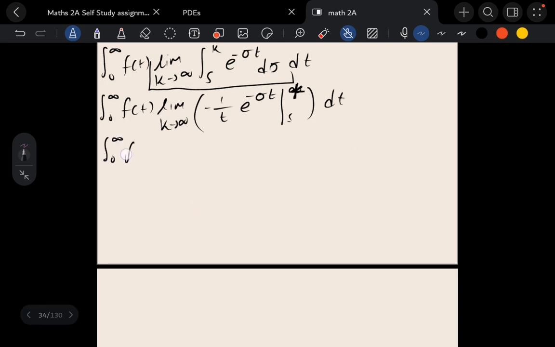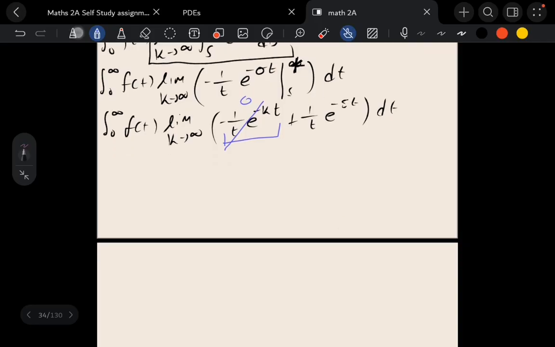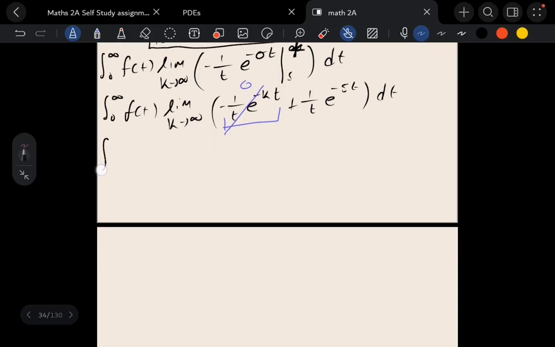Integral from 0 to infinity of f of t, the limit as k approaches infinity of negative 1 over t e to the power negative kt plus 1 over t e to the power negative st dt. Now, you know that whenever you approach infinity here, this entire thing will just become 0. So in that case, I'm going to have an integral from 0 to infinity of f of t times 1 over t e to the power negative st dt, right?